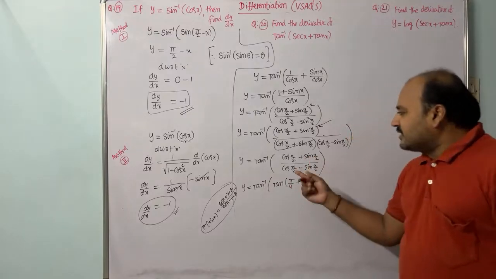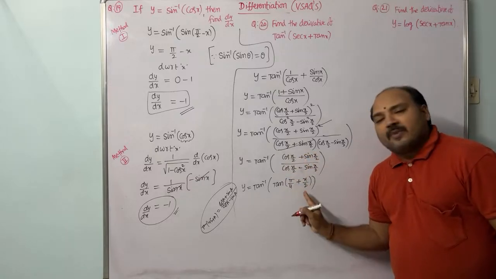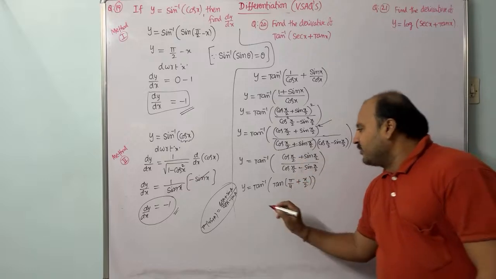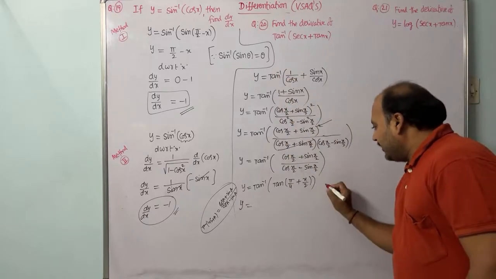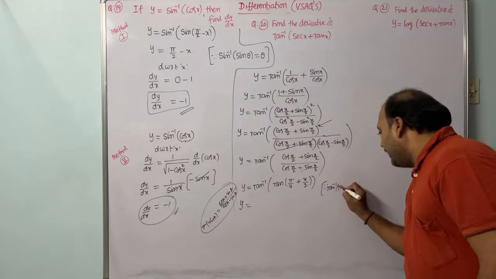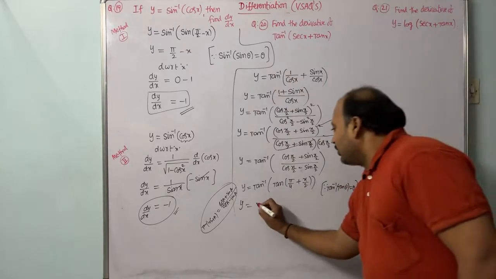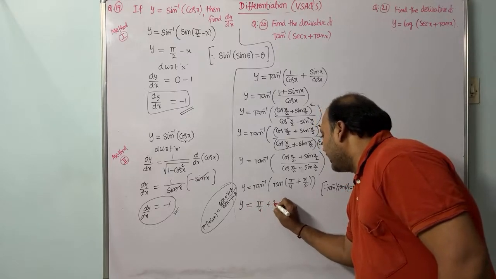You remember, dear students, same thing: in the numerator where minus is there, it is pi by 4 minus x by 2, and where plus is there, it is pi by 4 plus x by 2. So again tan inverse of tan theta equals theta, by using inverse trigonometry properties, you get y is equal to pi by 4 plus x by 2.